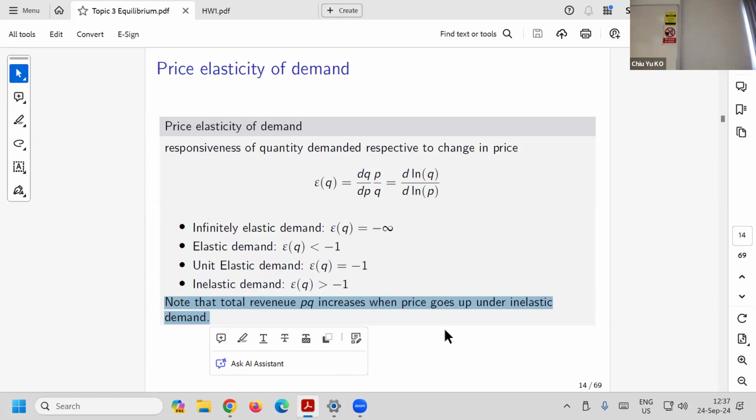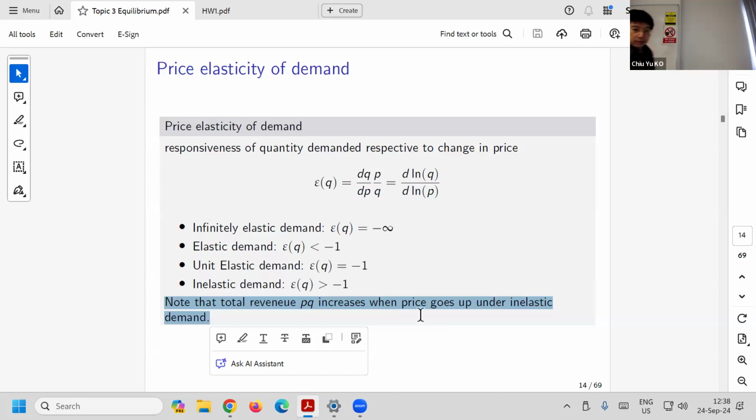Because of P times Q, the percentage change in revenue is the percentage change in P plus the percentage change in Q, taking logs. So if it is elastic, then you want to reduce the price. Inelastic, you want to increase the price. That is what you're going to do.